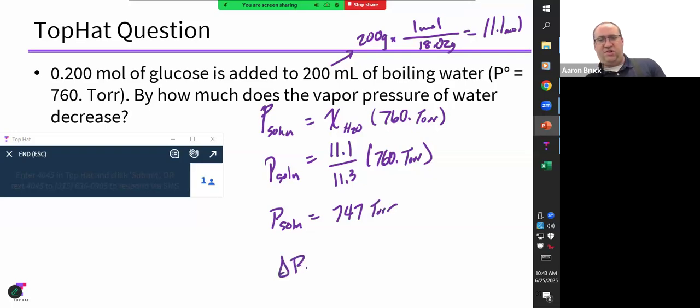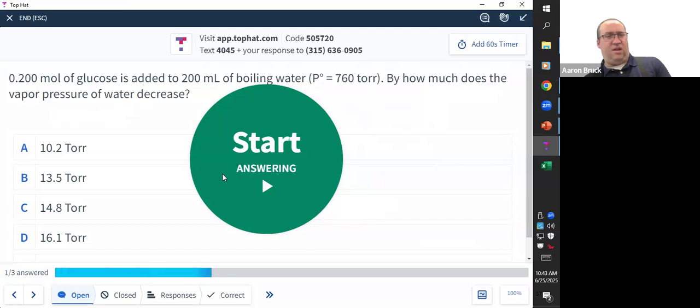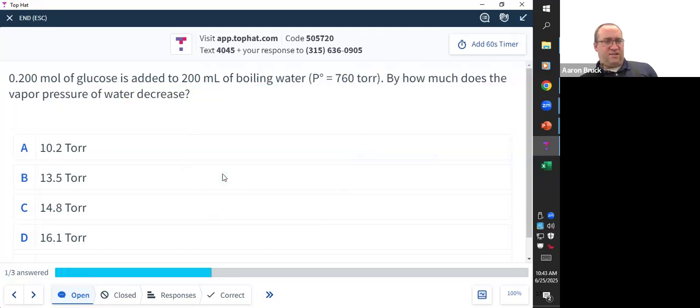And so the change in pressure would be, we started at 760, we're now at 747, it'd be roughly 13 torr, which is closest to letter B.